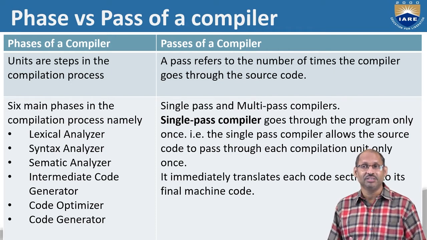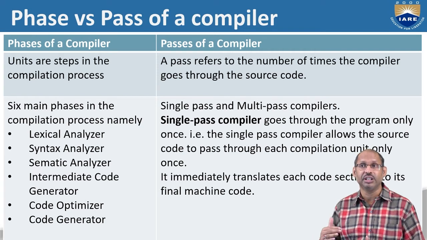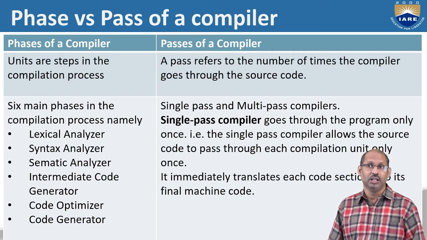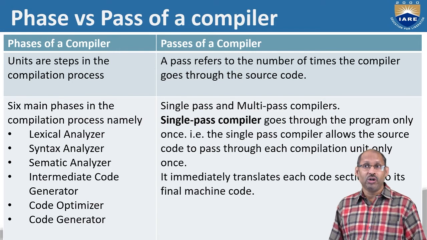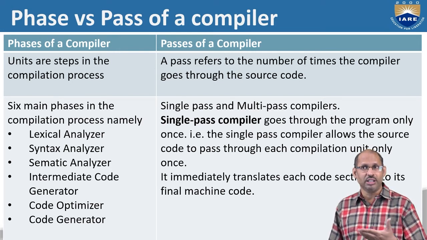For that reason, we need to declare all the variables at the start of the source program, because it reads initially and fills all the symbol tables, operator tables, literal table, and everything, used by any other phases.